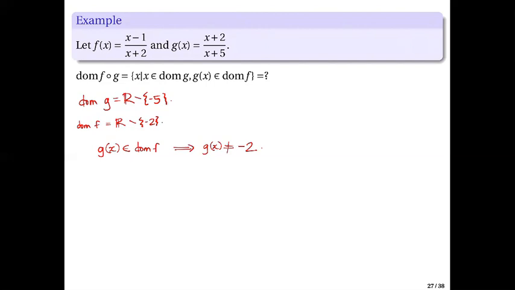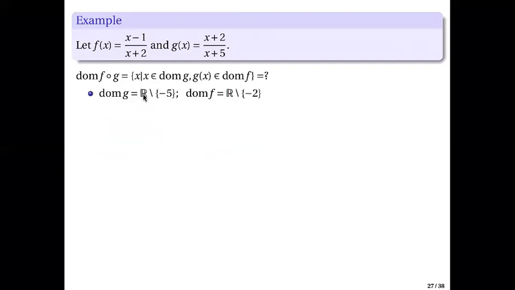So we solve this. What x will make g -2? Once we found that out, we remove it.